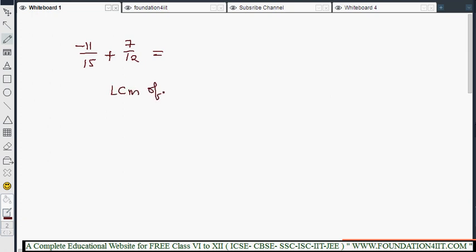Because the denominators are not the same, they are unequal denominators, so we should find the LCM of 15 and 12. If you take the 3 table, that is 15 and 12: 3 fives and 3 fours. So we multiply all: 3 into 5 into 4, 60 is the LCM. Now we should make it as 60. So the direct LCM of 12 and 15 is 60.